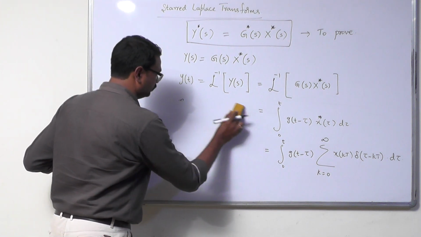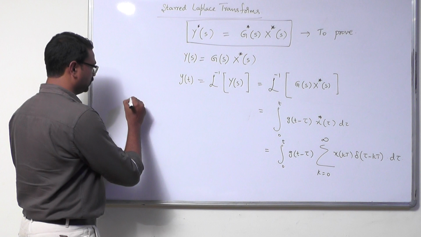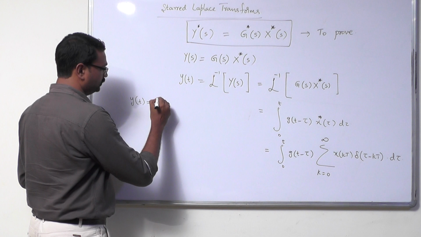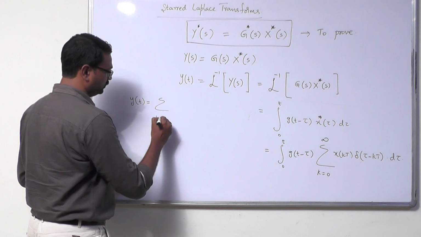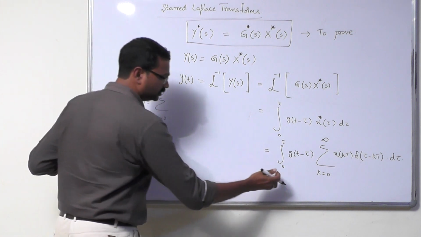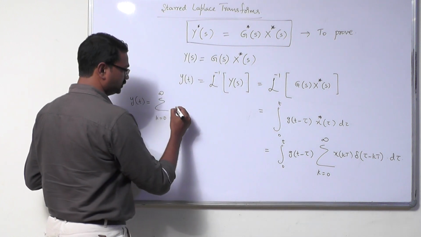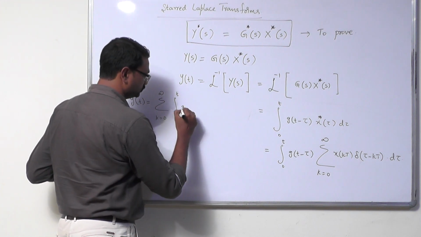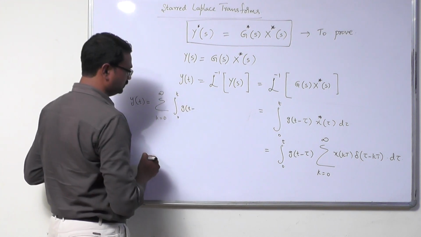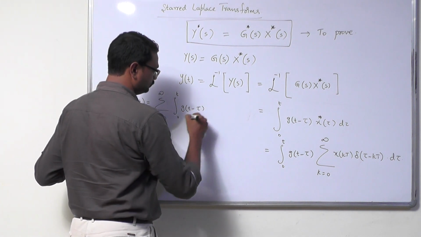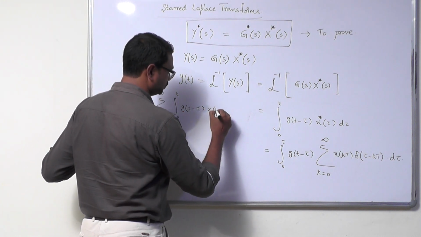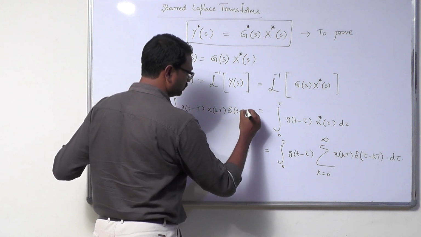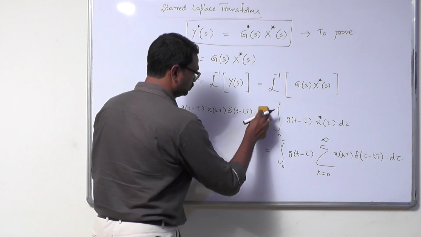So when I have replaced this, I will be getting y of t is equal to sigma k 0 to infinity. Without loss of generality, we can interchange these things, and integral 0 to t g of t minus tau x of kt del t minus kt into d tau.